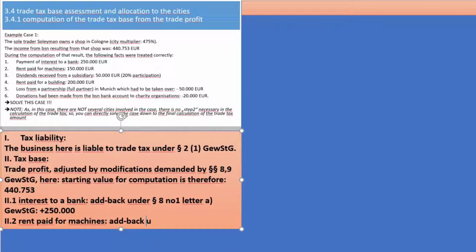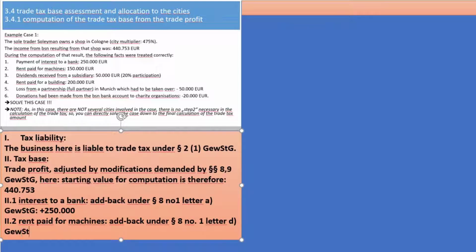It's an add back under paragraph 8, number 1, letter D of the Trade Tax Act, and that is 1/5 of the rent, so 40,000. Because we have no.